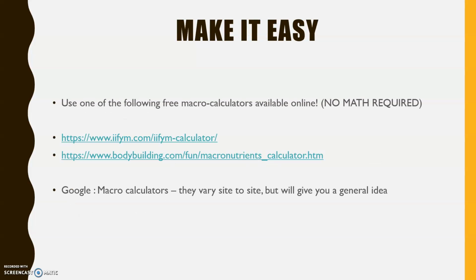Let's make it easier so nobody has to do math. You can go on one of these websites to do the fitness calculators, and you can go to Google and just Google macro calculators. There are a bunch of them that pop up. The IIFYM stands for If It Fits Your Macros. That one is great.